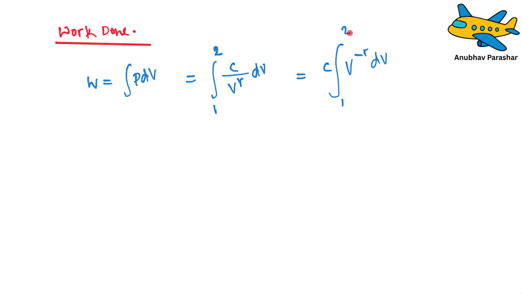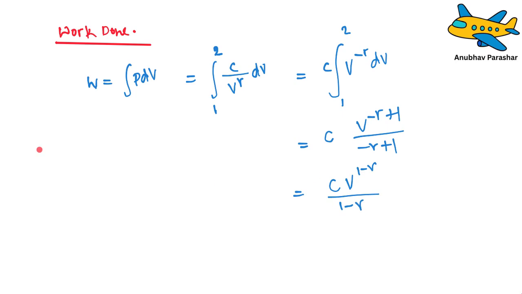from 1 to 2. Now if you integrate V to the power minus gamma, C is constant, so it becomes V to the power (minus gamma plus 1) divided by (minus gamma plus 1). So it is equal to C times V to the power (1 minus gamma) divided by (1 minus gamma).